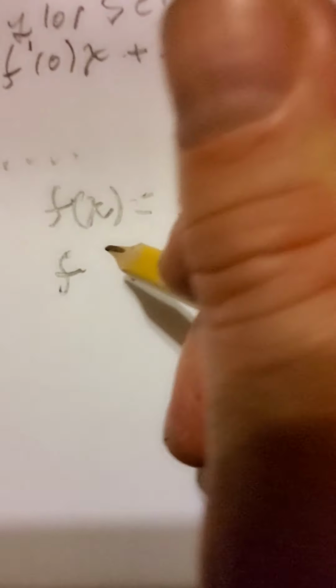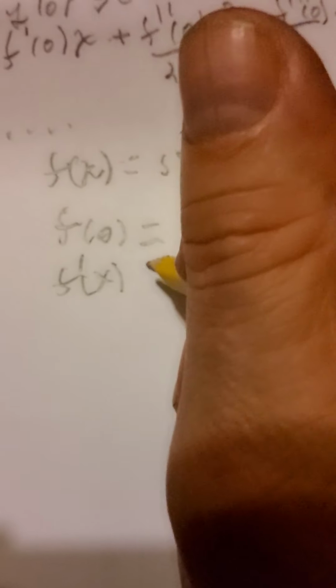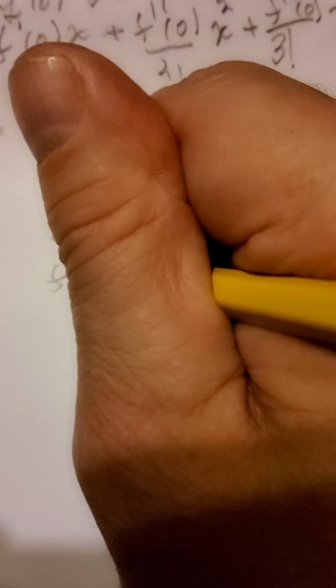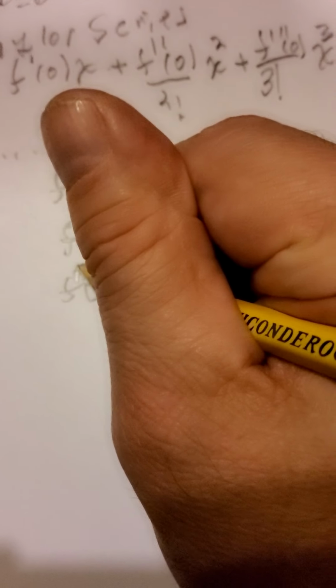And you say f of 0 equals 0, and f prime of x, which is the first derivative.